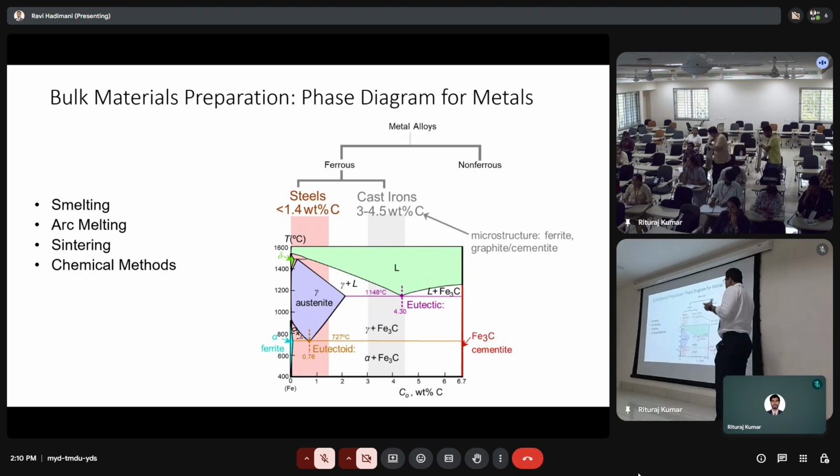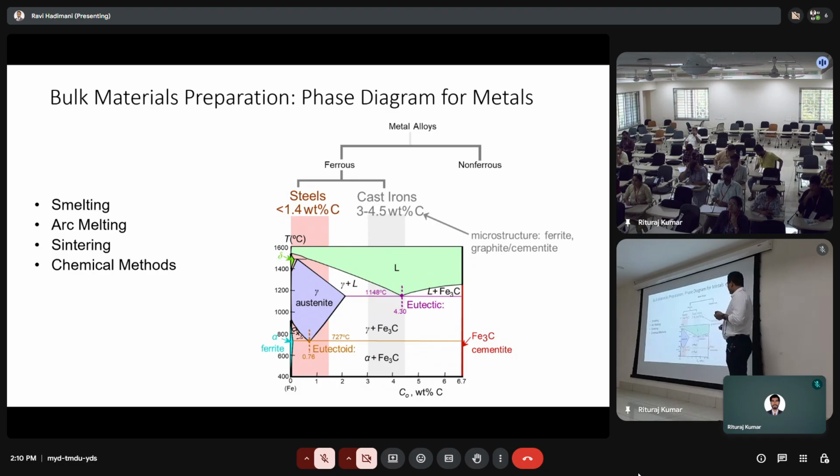So if you want to make any steels or any cast iron, you need to first understand the phase diagram, and based on that, you have to determine the composition.